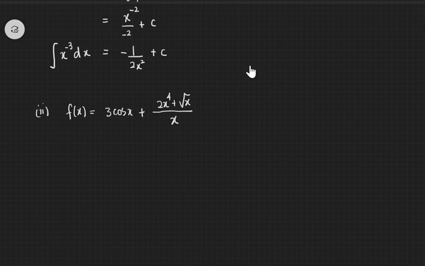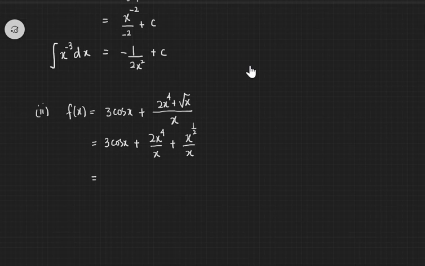Now before taking the integral on both sides, we first need to simplify this function. We need to simplify this fraction. So this can be written as 3 times cos of x plus 2 times x power 4 divided by x plus this square root of x, which can be written as x power 1 upon 2 divided by x.